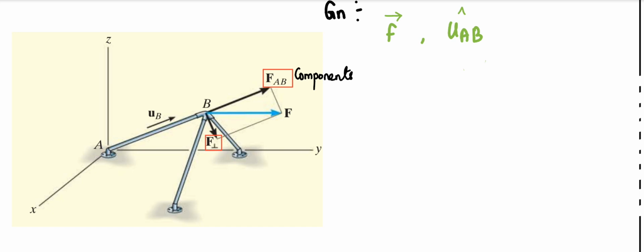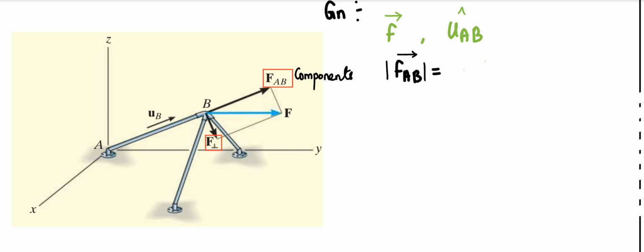We have already discussed how to represent F vector in Cartesian form and this unit vector in separate videos. Make sure you do watch that before this one. With this I solve further what we have learned in this video. Our motto is to find here FAB and F perpendicular.